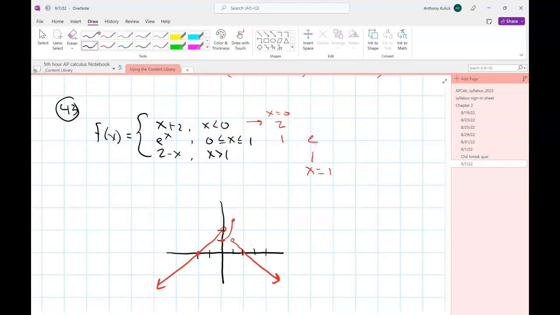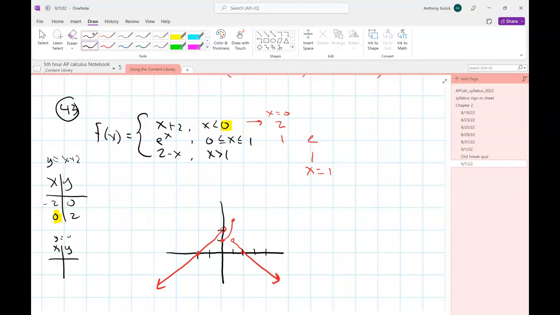What I did is I just made an XY table. So for y equals x plus 2, I picked negative 2, which gave me 0, and then I did 0, 2. I needed to make sure I used 0 as one of them because it was one of the boundaries.